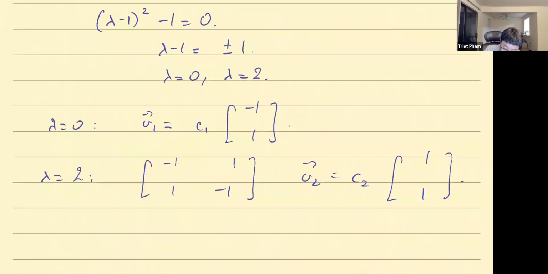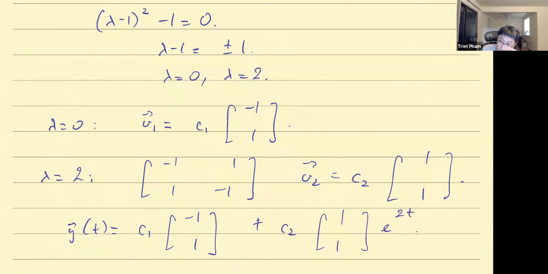So what is the solution? The solution is C1 (-1, 1) e to 0t, which is just 1, plus C2 (1, 1) e to 2t. Notice anything different about the structure of this solution versus the usual one that you look at.